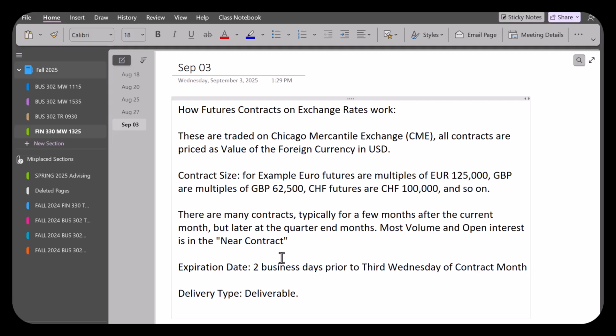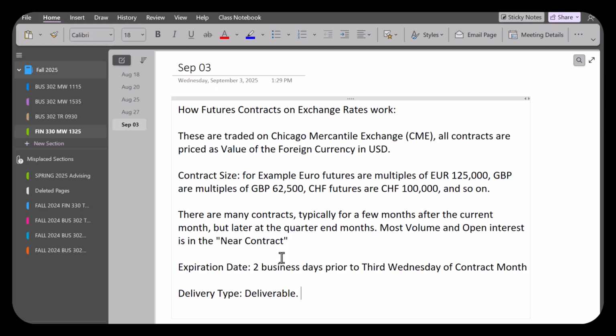When the trading ends at 9:16 a.m. Chicago time on September 15th, if there are any open positions at that point, you basically have to make a delivery on the third Wednesday.